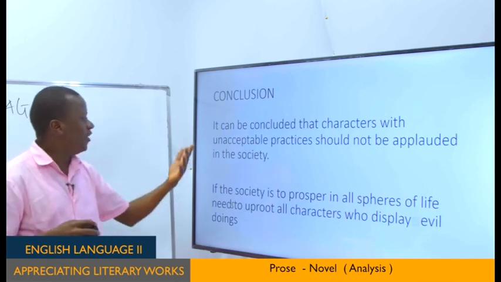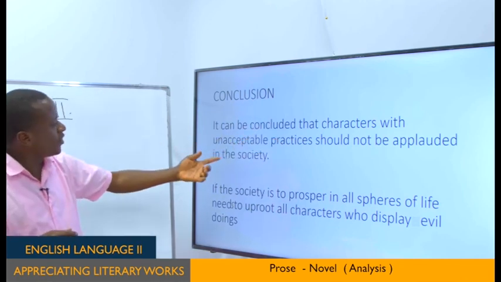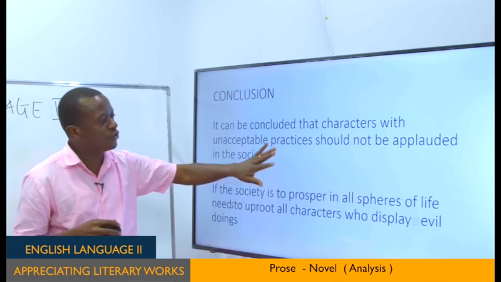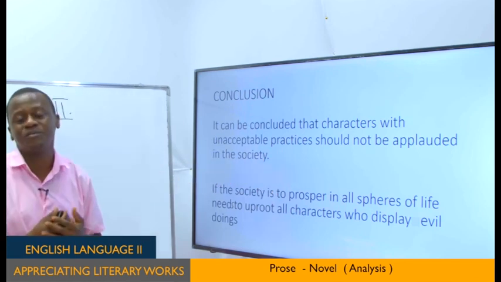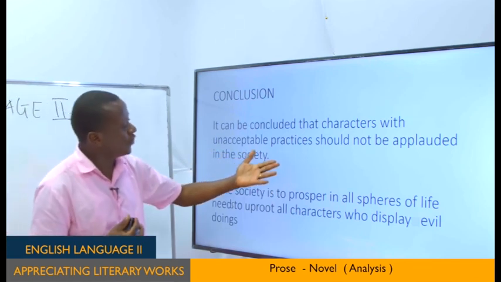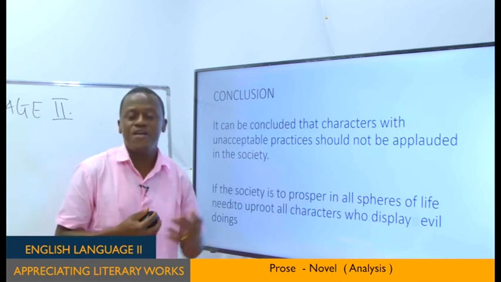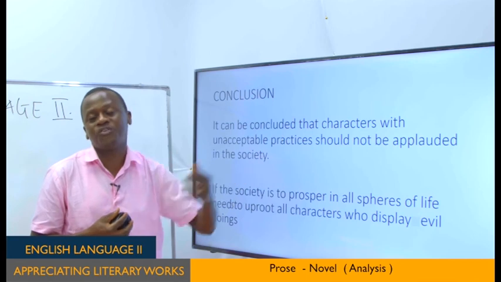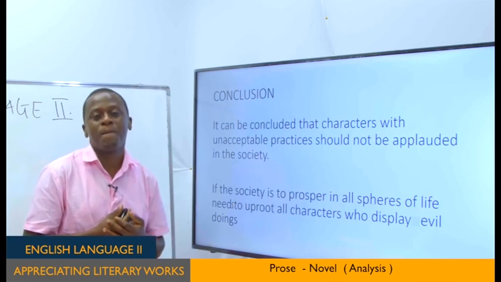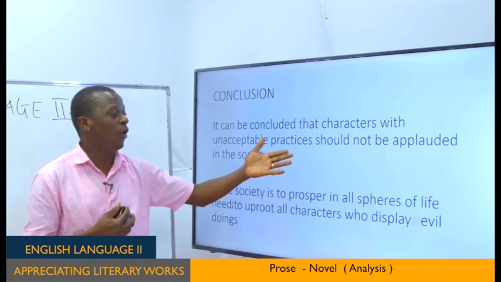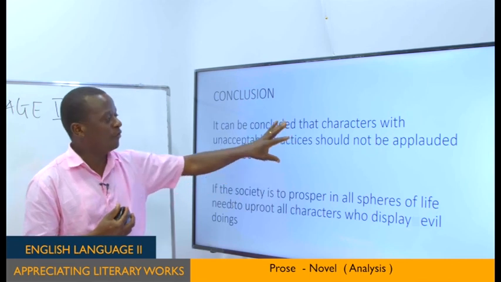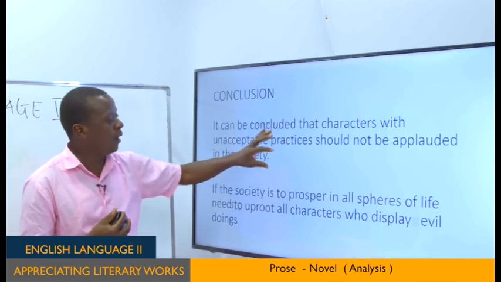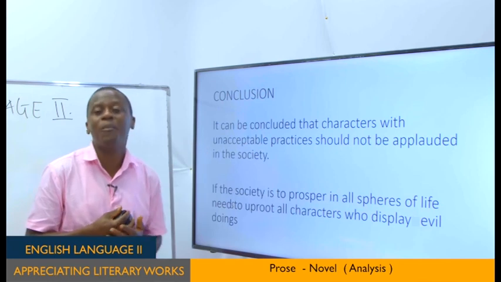One would say, it can be concluded that characters with unacceptable practices should not be applauded in the society. Such characters should be avoided, and if need be, such characters should be voted out during elections. If they are leaders or politicians of such unacceptable behavior, they should be uprooted.